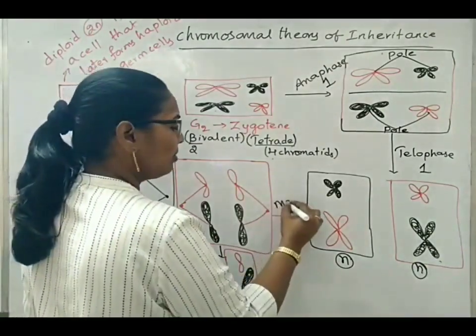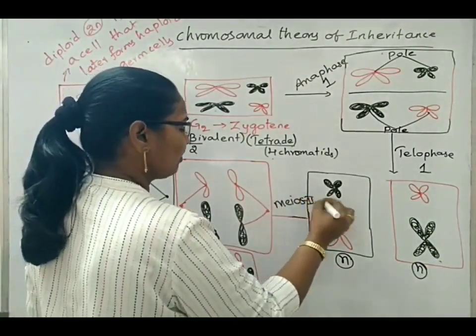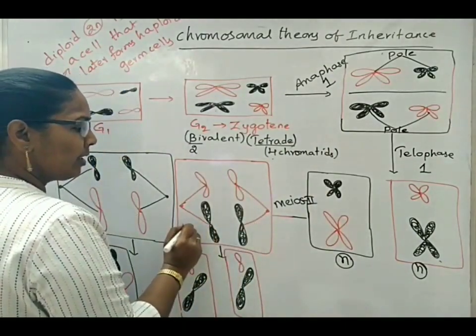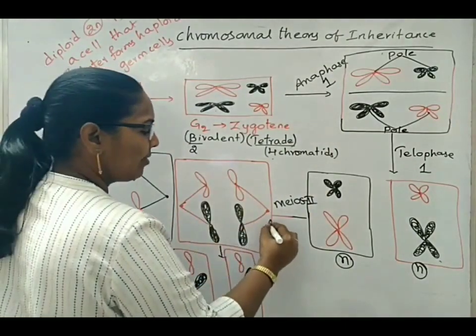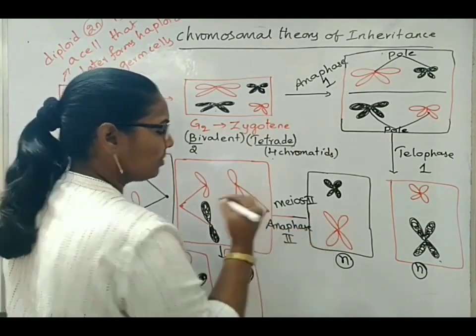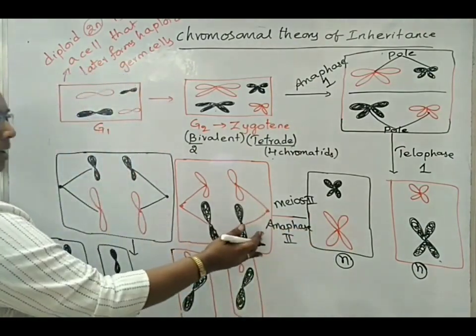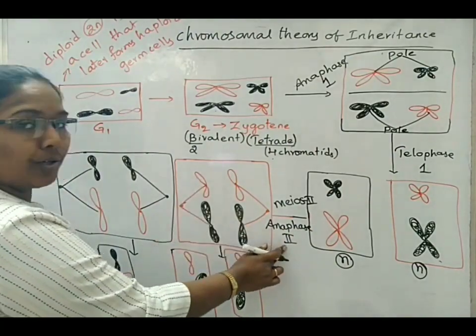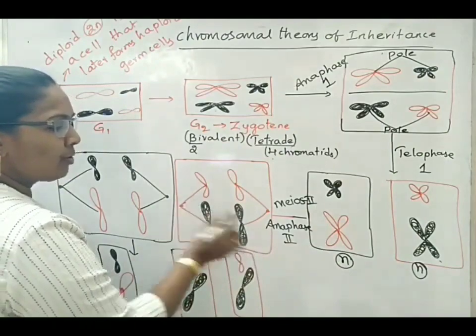Now entering into meiosis 2, the diagrammatic representation which I have shown here indicates anaphase 2. In anaphase 2, what is happening? The splitting of chromosomes.